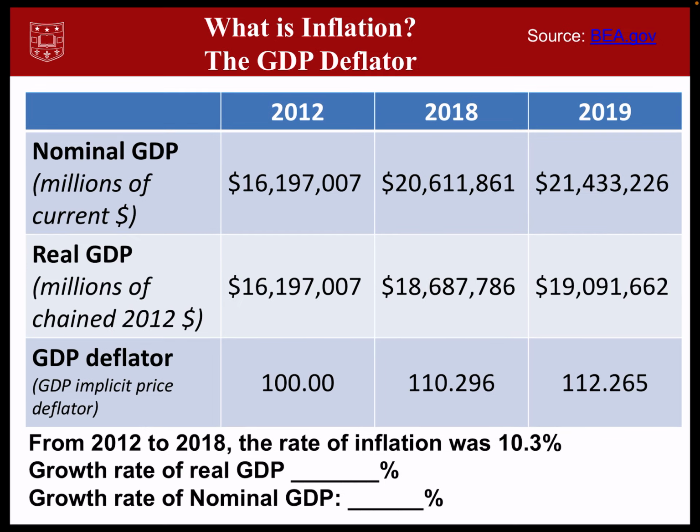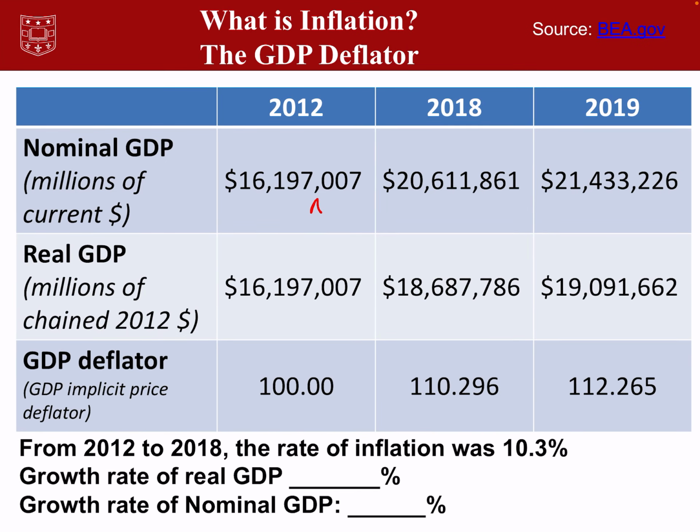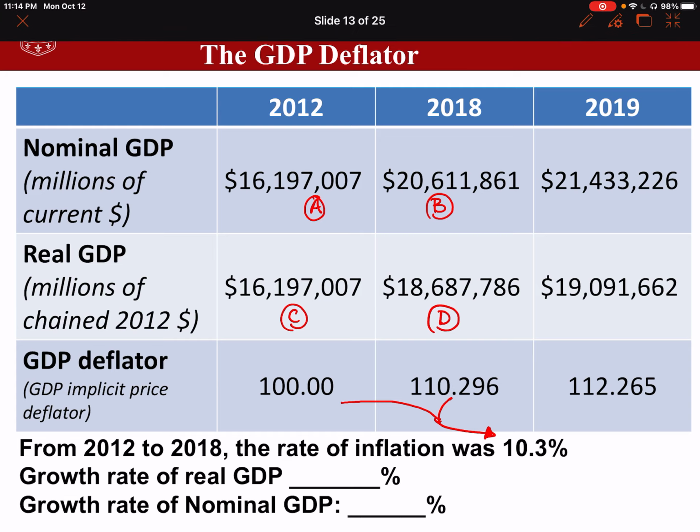So what I want to do is label this A and B and C and D. And we already know the rate of inflation, take those two numbers, and that's going to tell me, that's why I have 10.3%. So let's look at this.